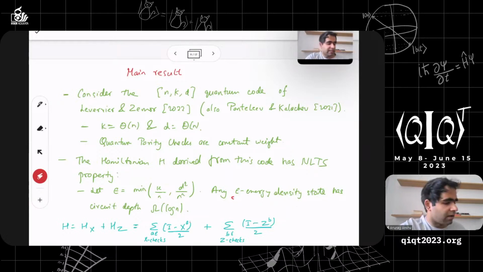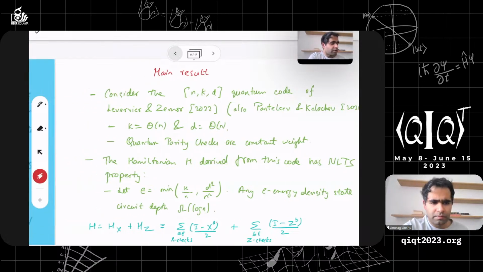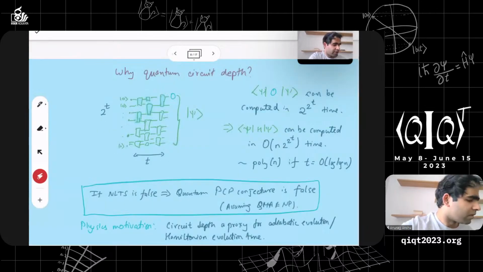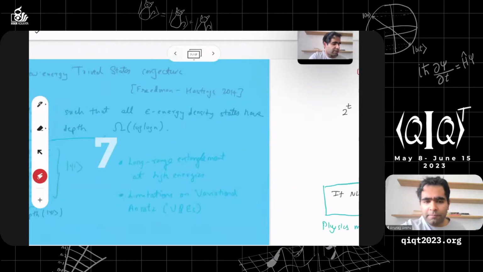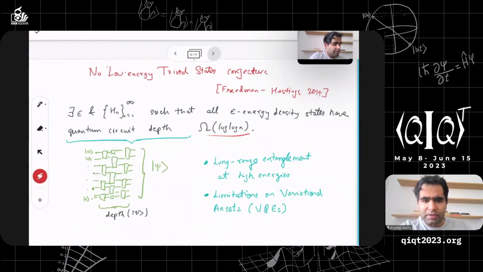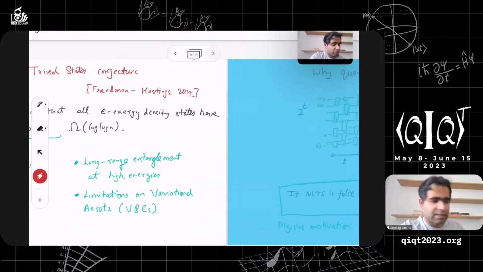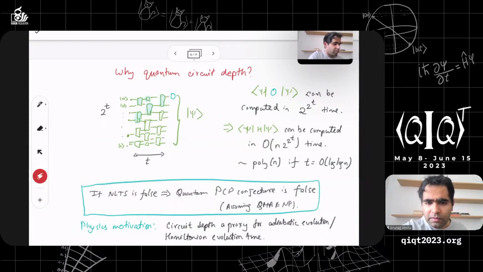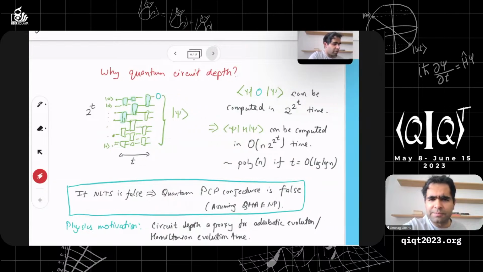It seems that my iPad is lagging behind. It is really lagging behind, sorry. Maybe I should be slow. Sorry, so I was just mentioning here in this picture that this is about the conjecture of Freedman and Hastings.